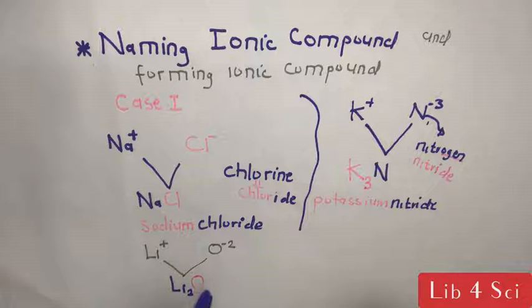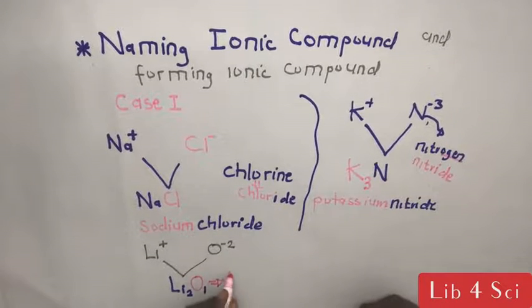A subscript to the oxygen, and that number is 1. Now we have formed the compound. Since it is 1, it is understood that it is 1, so you remove the 1. So it's Li2O.